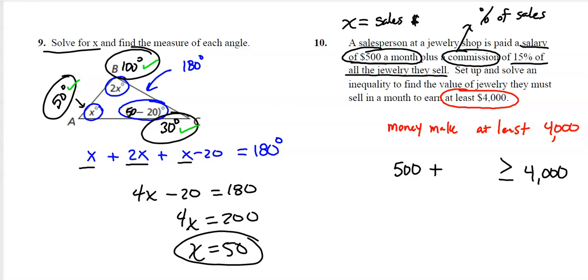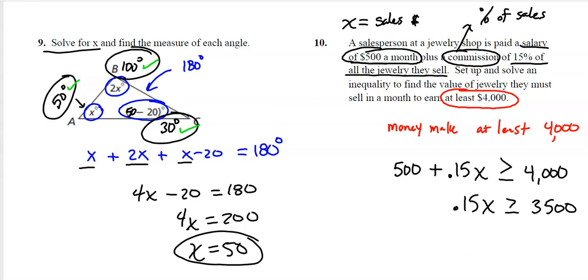So 15% of that, I got to do 0.15 X. All right, because when you want to find 15% of a number, you change it to a decimal and multiply. So now we have an inequality we need to solve. So I'm going to take away the 500 from both sides. And that leaves me $3,500. So if you didn't get formal with an equation, you'd just say, well, let's take away my guaranteed money. So now I got to make $3,500 in jewelry sales.